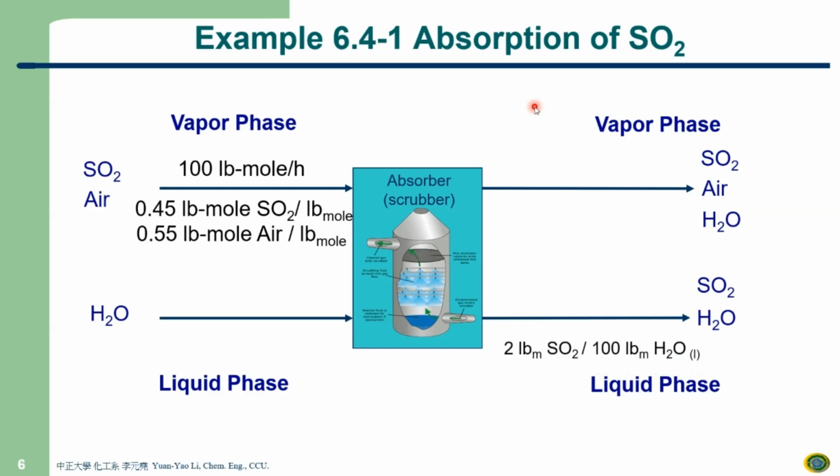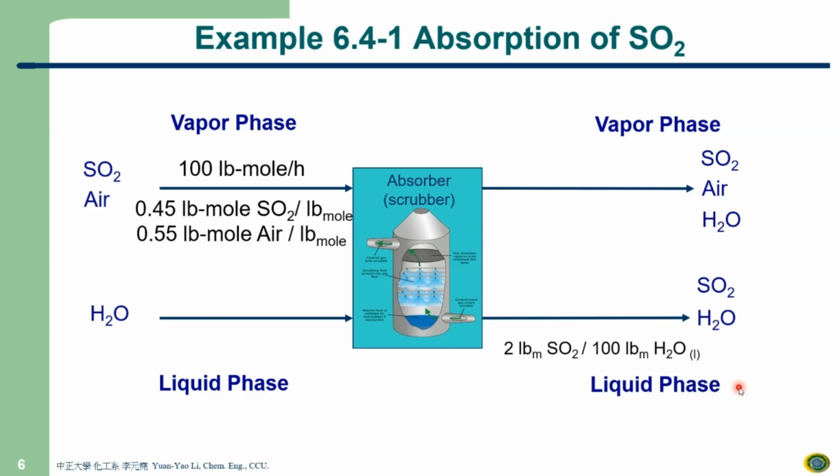And what we also know is that in this dirty water, we can do a detection. We realize this water has a composition of 2 pounds of SO2 dissolved per 100 pounds of water. So this is the relationship between the water and the SO2.